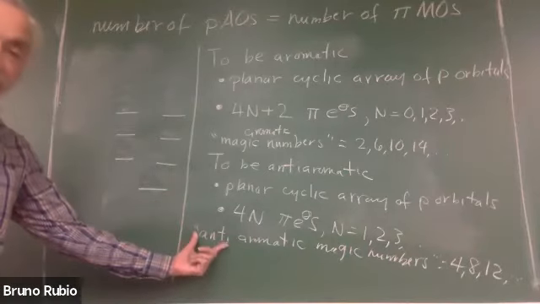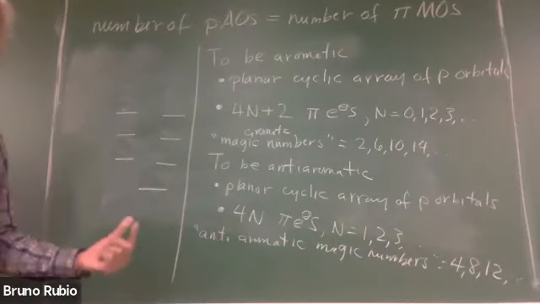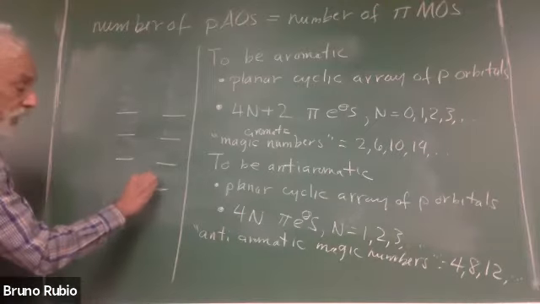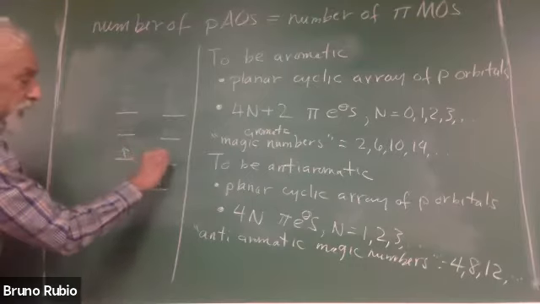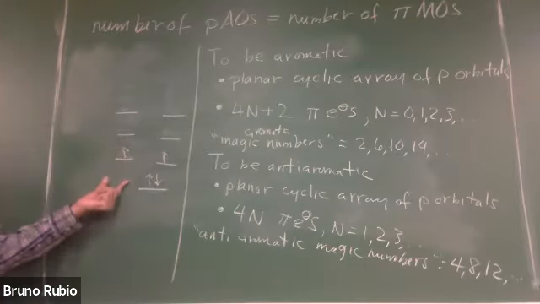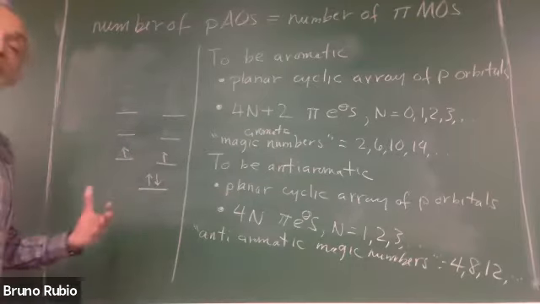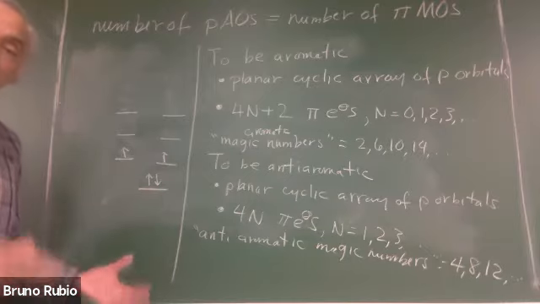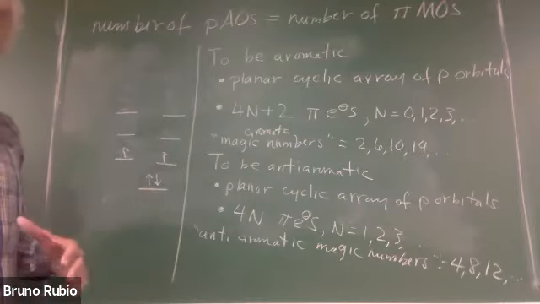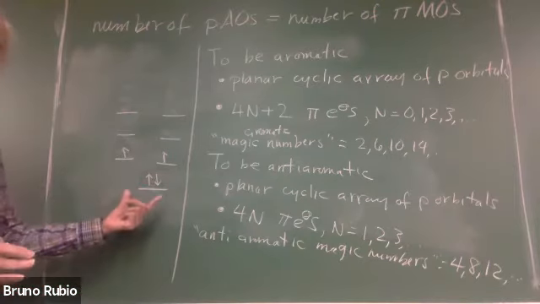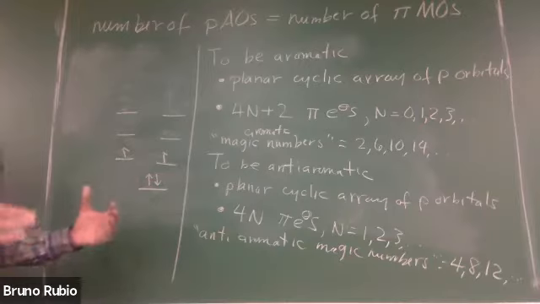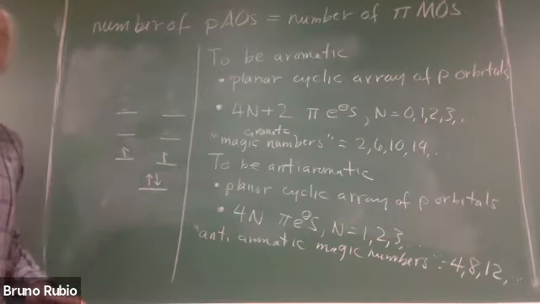The first anti-aromatic number is 4, so that would mean an occupation diagram looking like this. And what we see here is an exactly half full shell of pi orbitals. And there's something about being half full that is destabilizing.